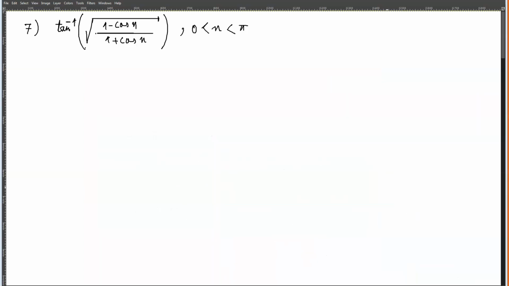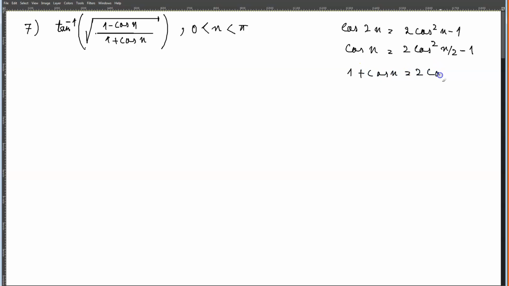What we can do is that, of course, we know that cos of 2x is equal to 2 cos squared x minus 1, which means that cos of x is equal to 2 times cos squared of x divided by 2 minus 1. Which means that, taking 1 to the other side, 1 plus cos x is equal to 2 cos squared x divided by 2.